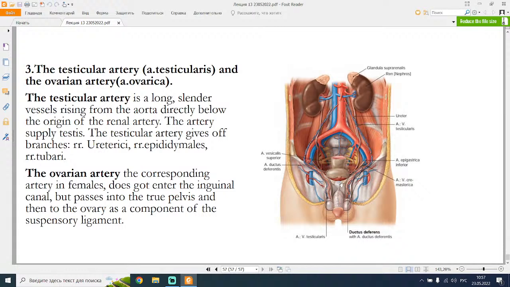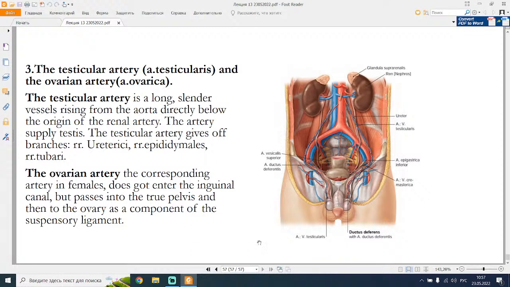The artery supplies the testes. The testicular artery gives off branches: rami uterini, epididymalis, and rami tubarii.